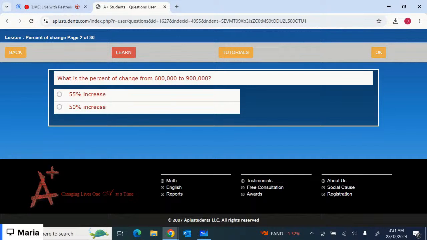What is the percent of change from 600,000 to 900,000? That is an increase. That is 50% increase.